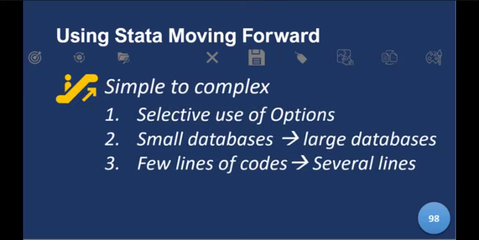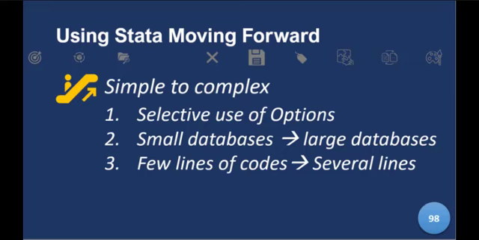The fourth thing I want to talk about is that we'll move from simple to complex. I mentioned options in module 1, module 2, and lesson 1, where we talked about commands. We will not use detailed commands, but we'll use just some of the options, and then as we progress, we use more options. Secondly, we'll use small databases.